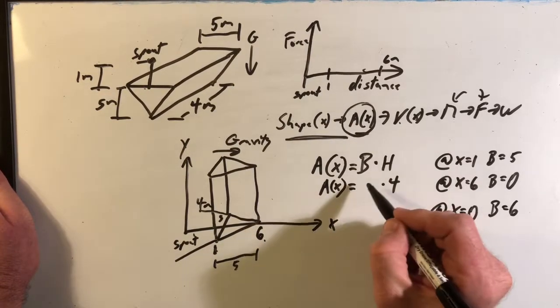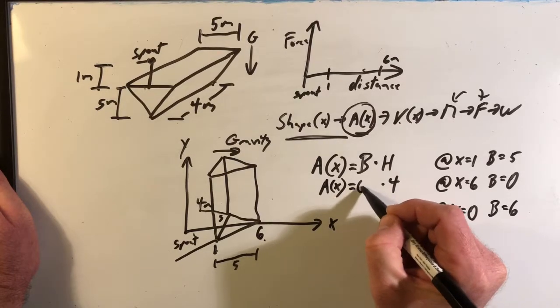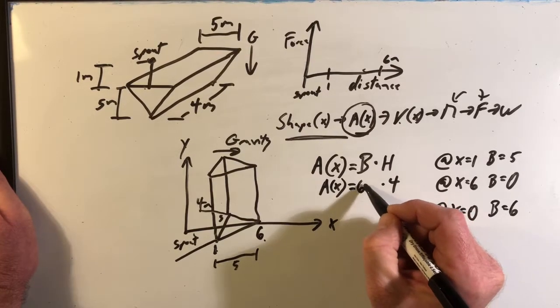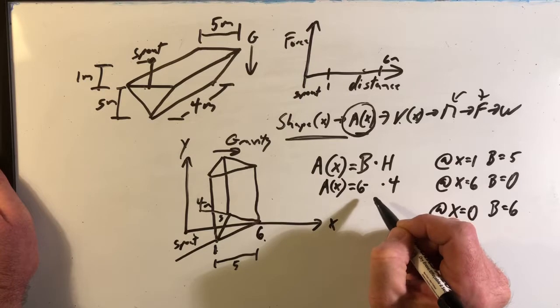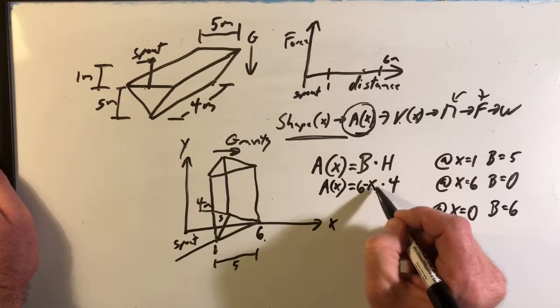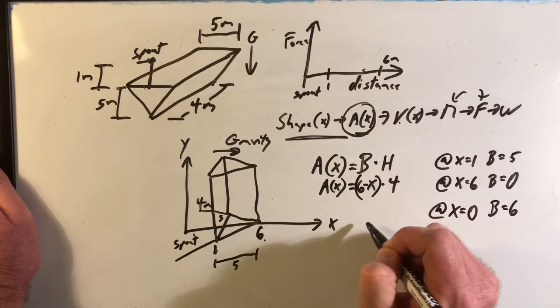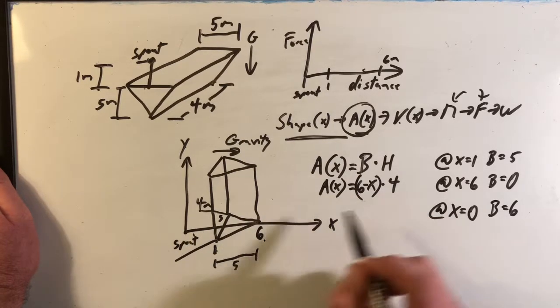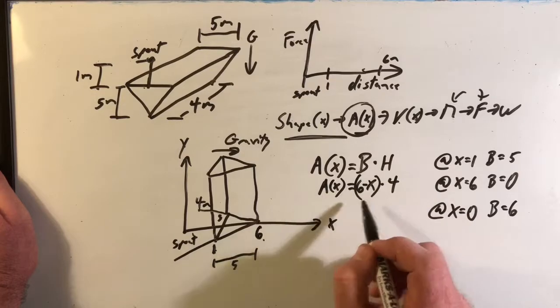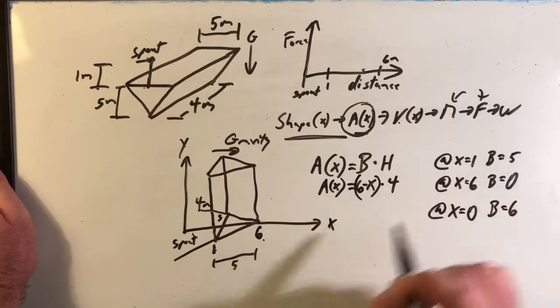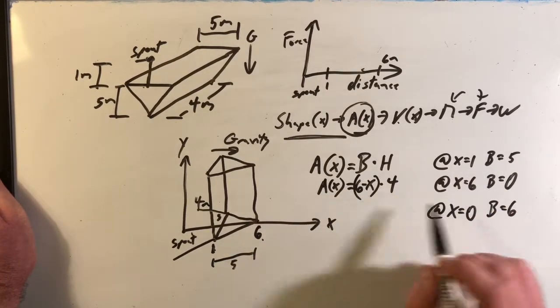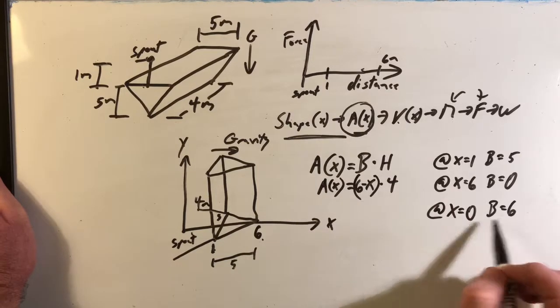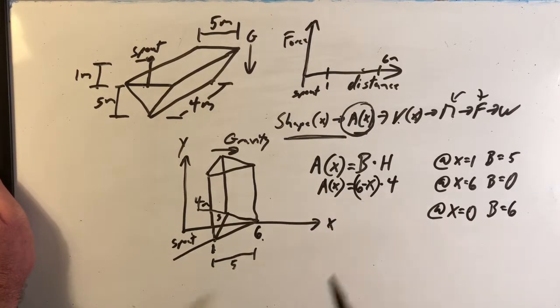It's going to be 6 minus x. Right? So when x is 0, I'm going to get 6. When x is 1, I'm going to get 5. And when x is 6, I'm going to get 0.